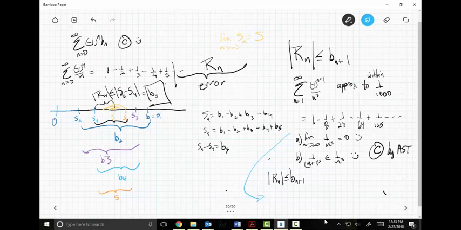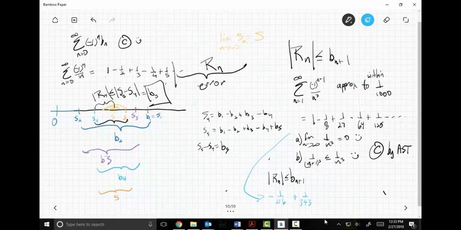I knew that. I'm being an idiot. So this is going to be minus 1/216, right? 49 times 7 is what? 343, right? Plus 1/343.